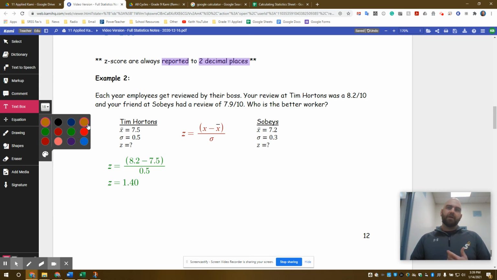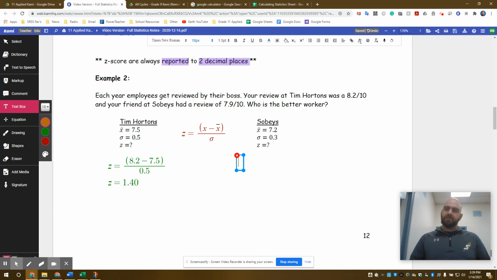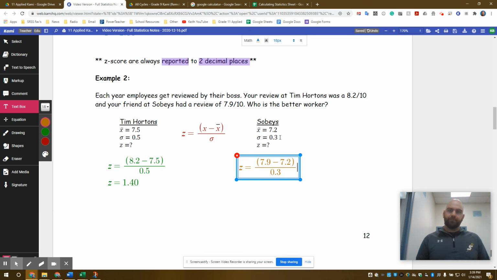Let's see where your friend at Sobeys fit in. Did they fit in the same spot? Or did they do better according to the average, or did they do worse according to the average? Okay, so let's try this one here. We got 7.9 minus 7.2 divided by 0.3.